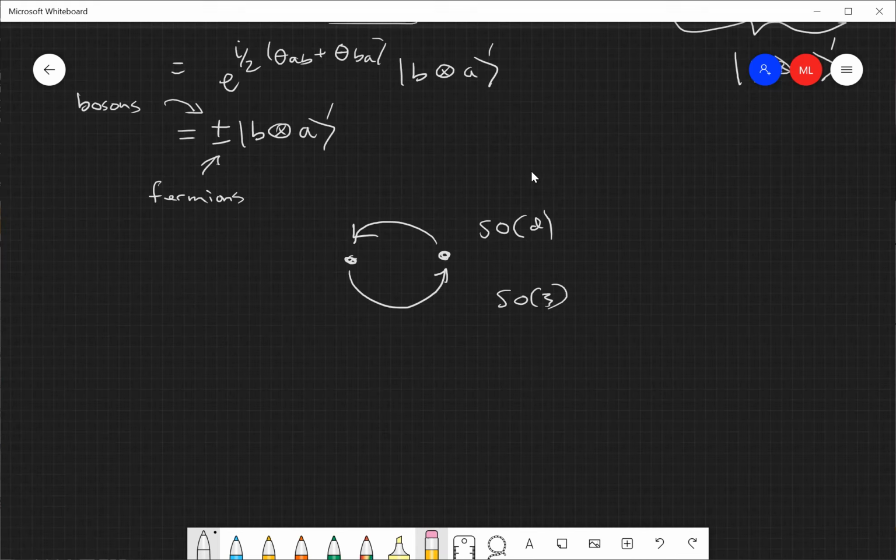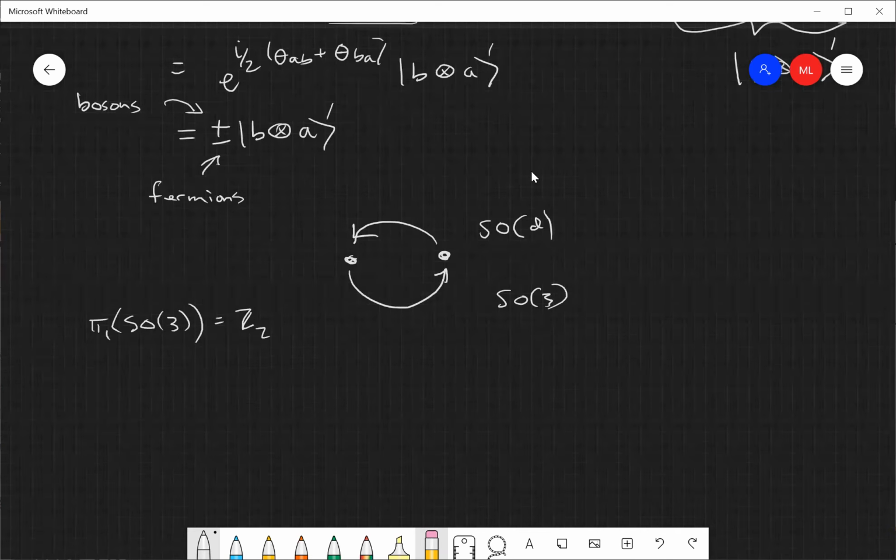But as you recall, the whole point of that discussion was that the fundamental group of the rotation group in 3 dimensions is Z2, which is a group with 2 elements in it, 0 and 1. And those are like the rotations by 2 pi and 4 pi, if you want to think of it that way.